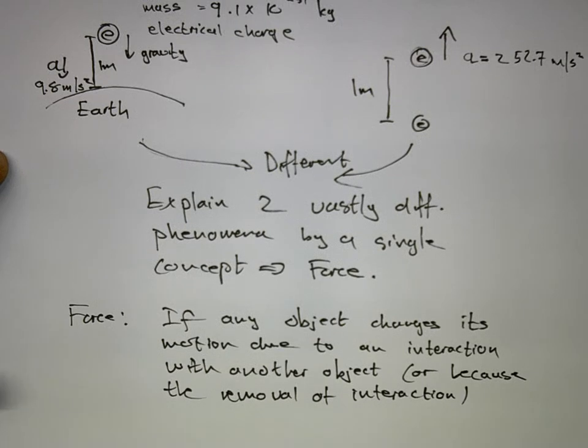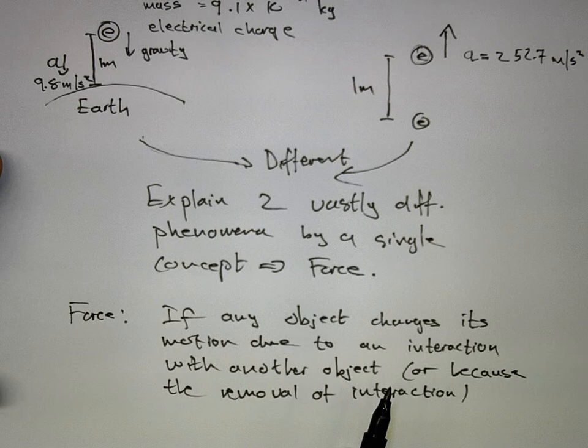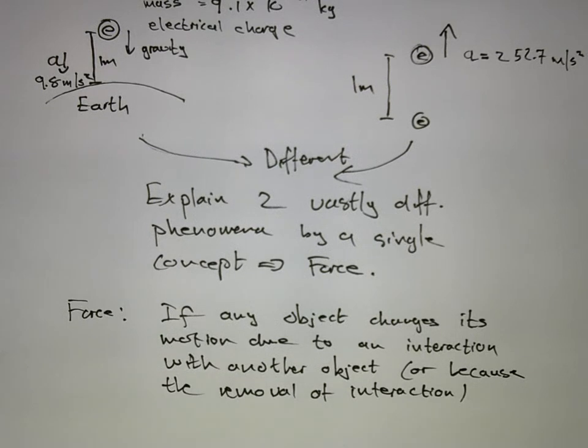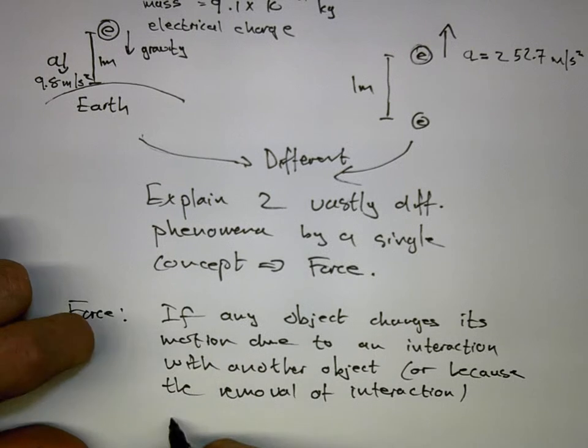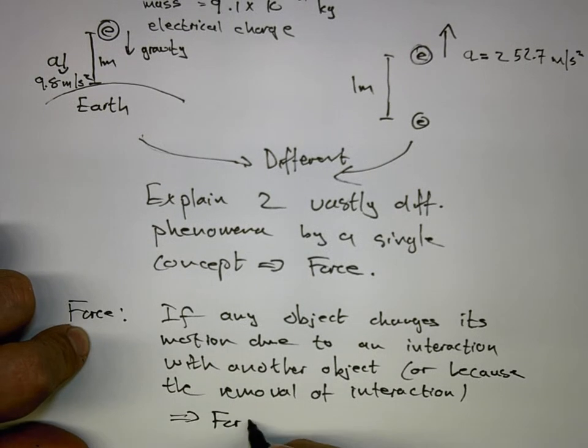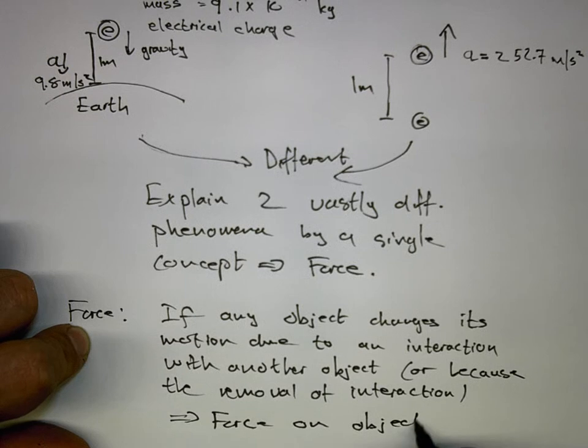So if either of this holds, so if the object changes its motion, either because it's interacting with an object or because I've taken an object away and now it's changing its motion, then we can say there's a force on the object that changes its motion.